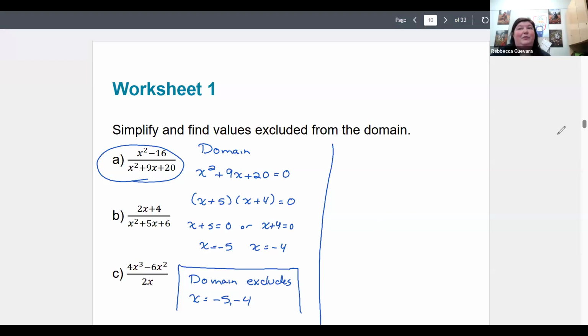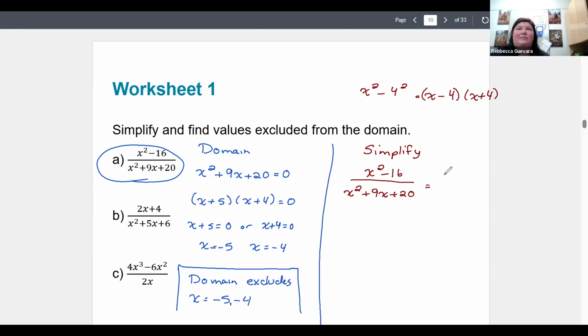So we'll see what happens after we simplify. I'm going to be going a little above and beyond here just to prepare us for the future. But when we simplify this, the top, we have a difference of squares again because that is x squared minus 4 squared. So that is just x minus 4 times x plus 4.